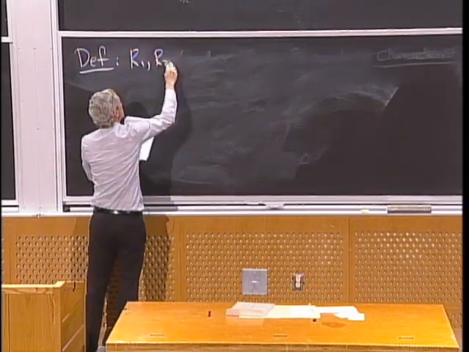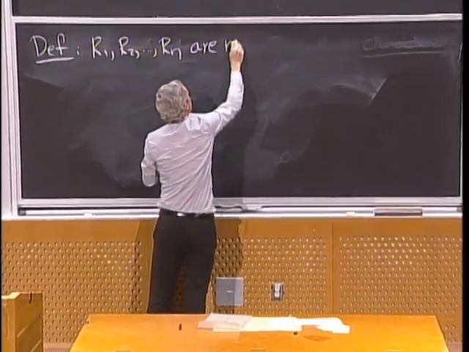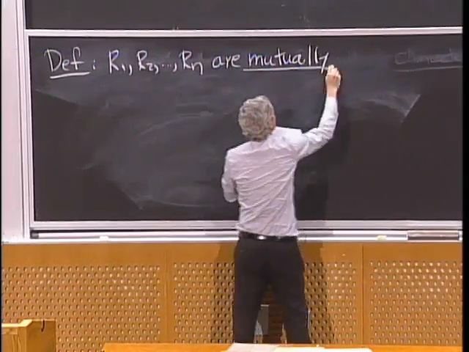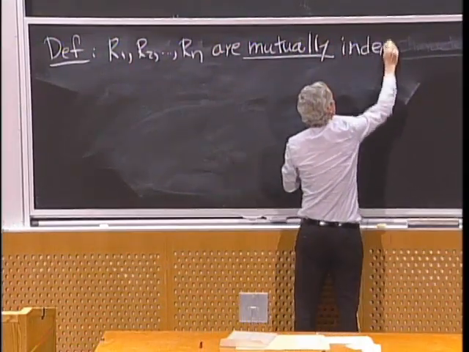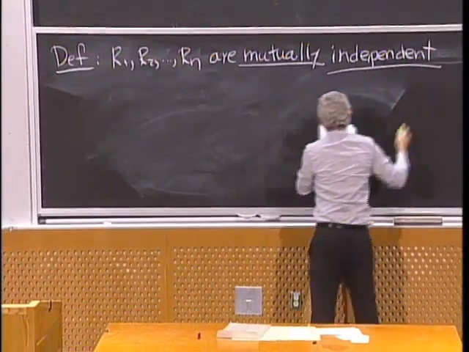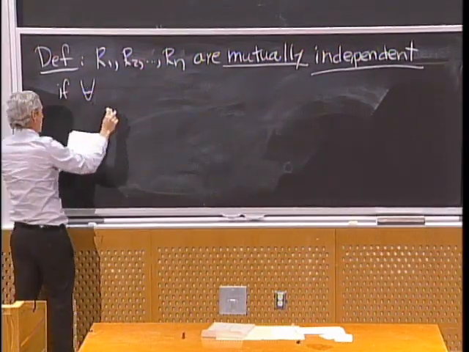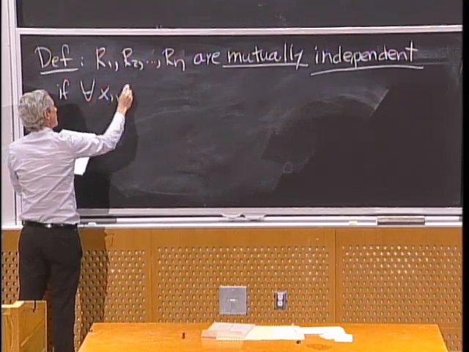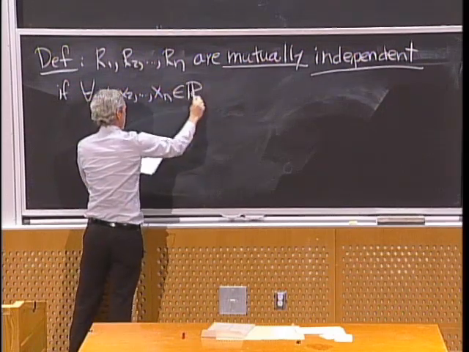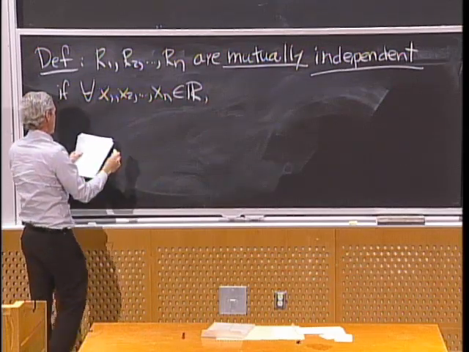R1, R2, up to Rn are mutually independent if for all the values of all the random variables, so x1, x2, xn, and we're going to give the product form because it's the simpler way to do it here.